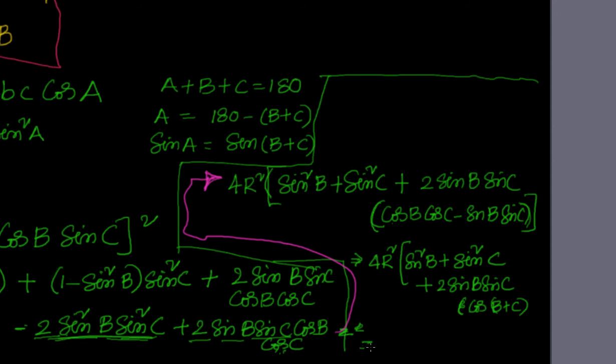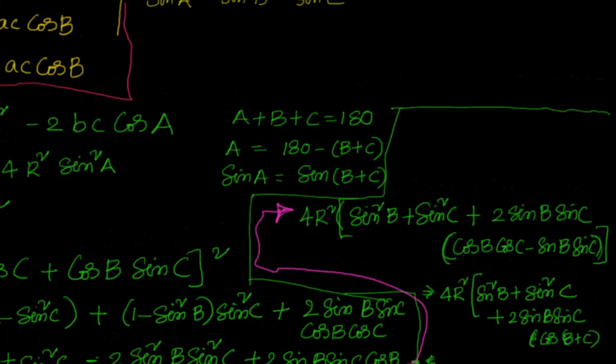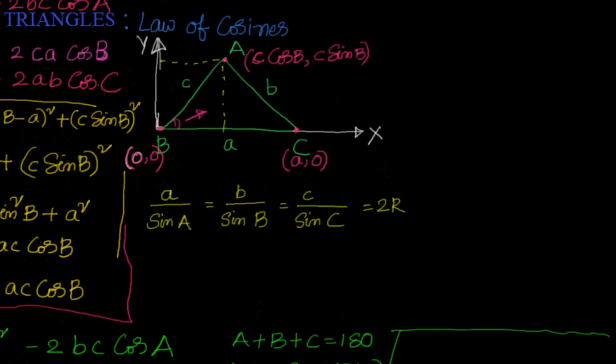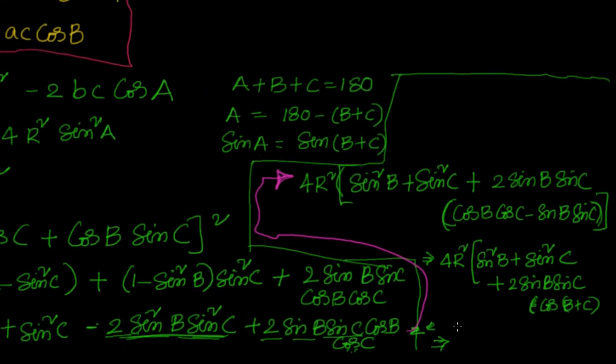Now what you can do, 4R square sin square B is nothing but, you know that 2R sin B is equal to b. So 4R square sin square B is b square. 4R square sin square C is c square.